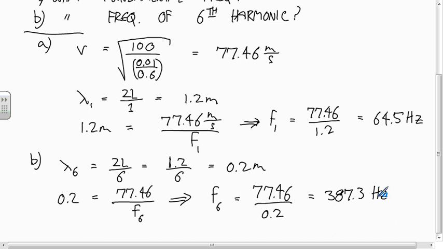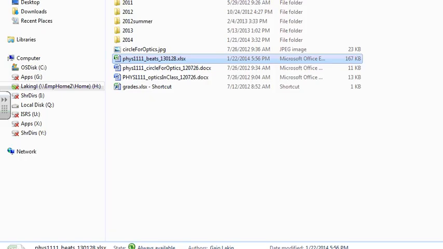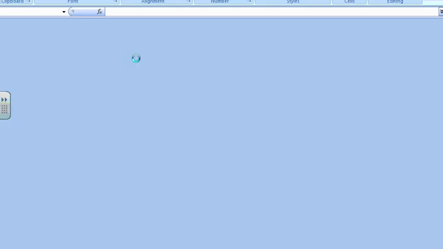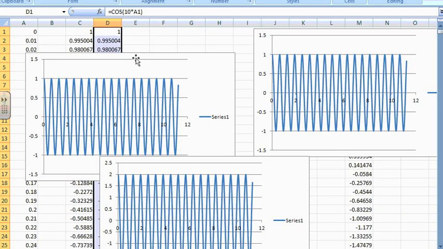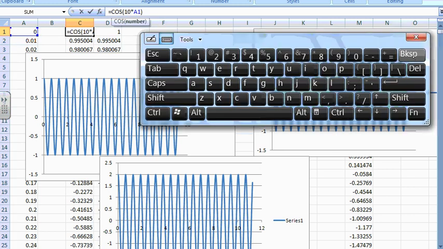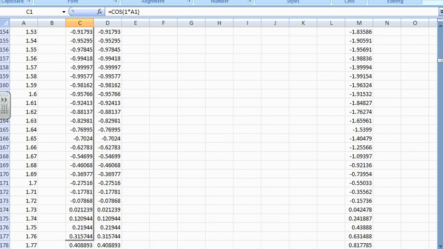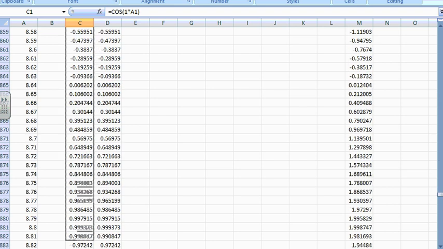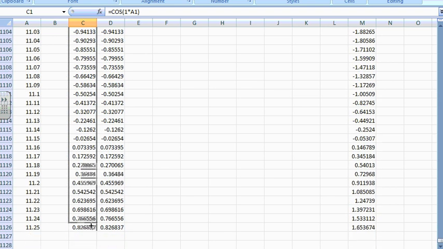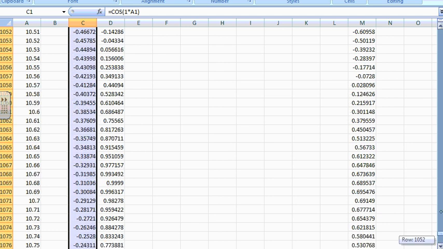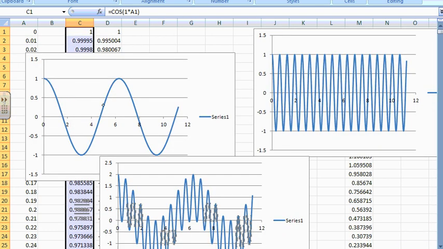If you think about that in terms of the superposition that we talked about, this would be the fundamental frequency, the lower frequency.